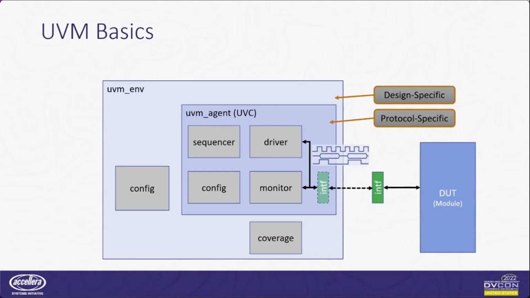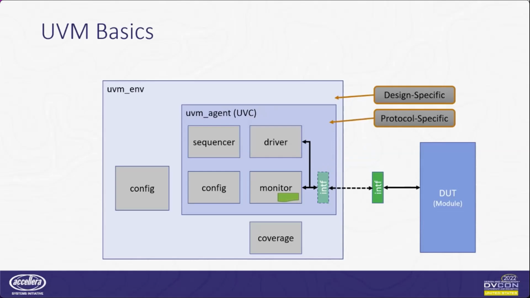The monitor sees the pin level activity on the interface and extracts the information from that to create another sequence item that may be the same information that was sent by the driver, or it may be additional information, including like the response from the DUT, if it was a read transaction or something like that, right?